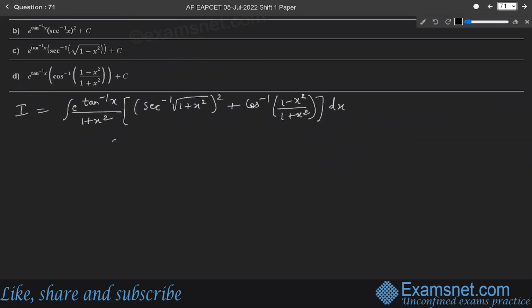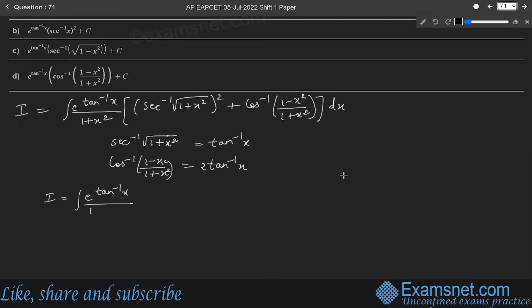We know that sec inverse under root of 1 plus x square is equal to tan inverse x, and cos inverse of 1 minus x square upon 1 plus x square is equal to 2 tan inverse x. So substituting these values here, I will be equal to integral of e to the power tan inverse x divided by 1 plus x square into tan inverse x square plus 2 tan inverse x dx.